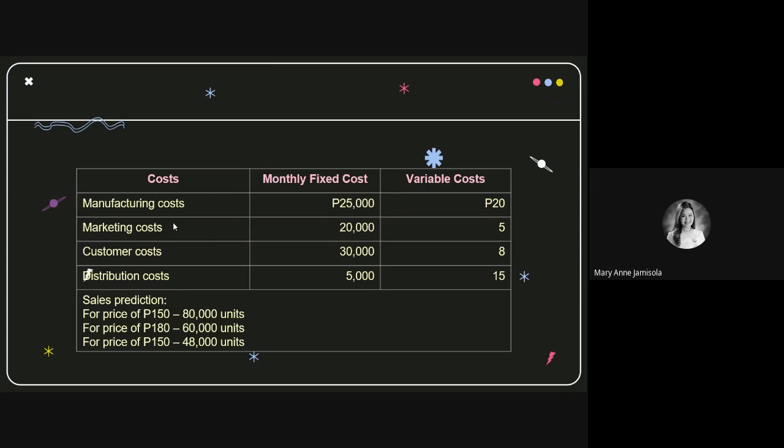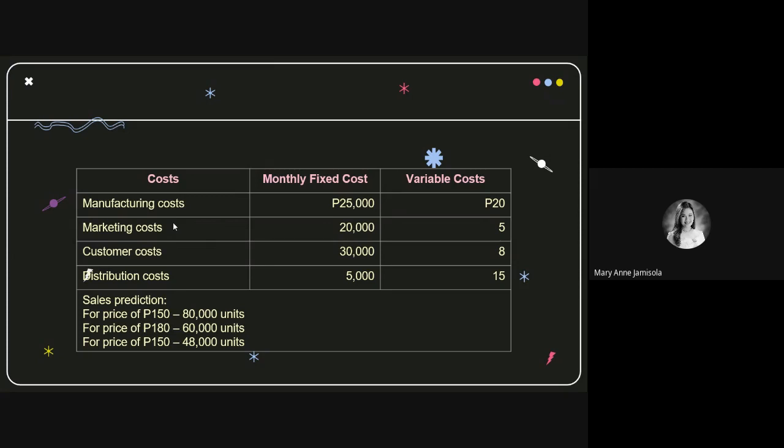Okay, wait. Let me just verify. Right. So the revenues for 150, that's 12 million. Total cost is 7,344,000. Yes, it's 4,656,000.